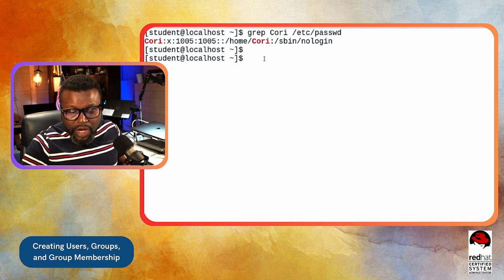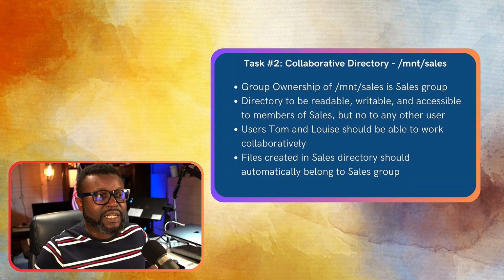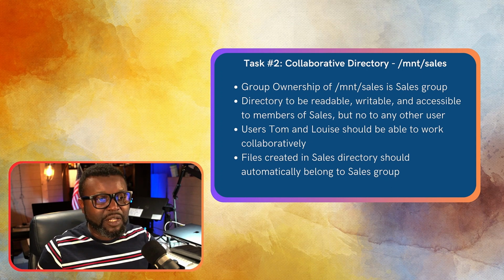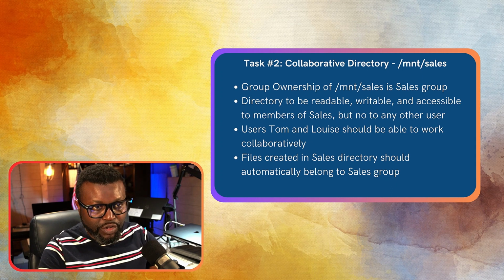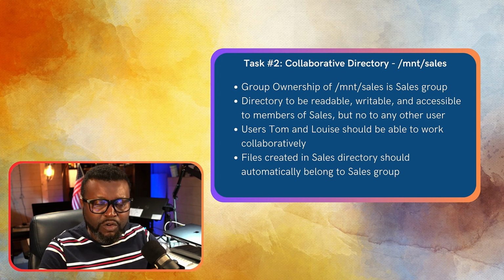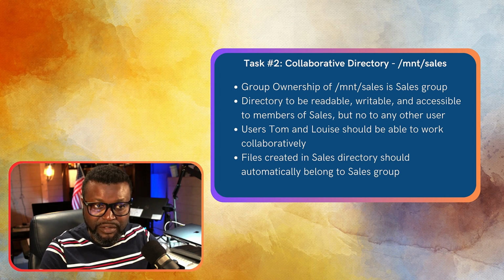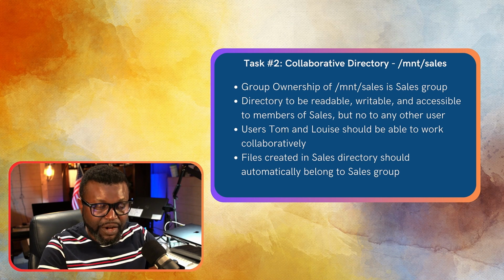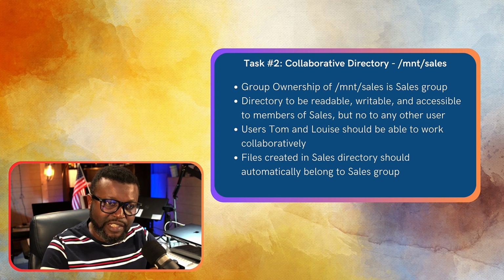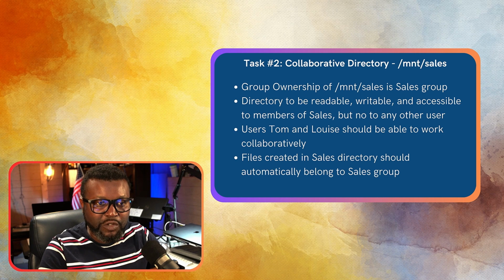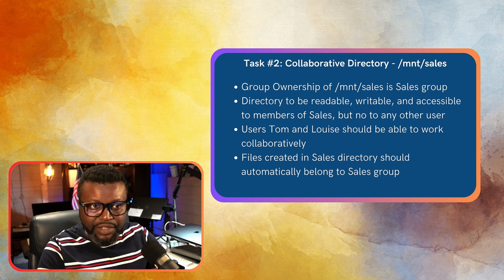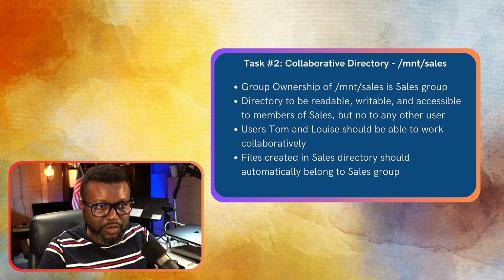So now we're gonna go to task number 2, and in task number 2, as I told you before, we're gonna set up a collaborative directory that we will name /mnt/sales, meaning mnt, that's the parent directory, and then sales, it's like a child directory under the mnt directory.